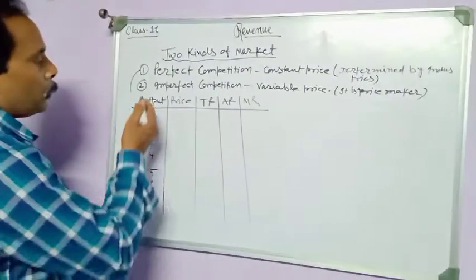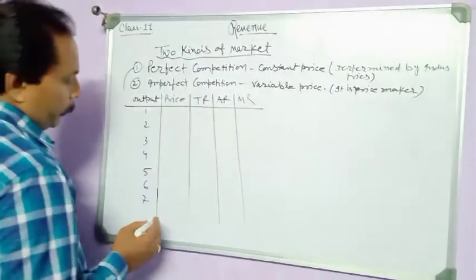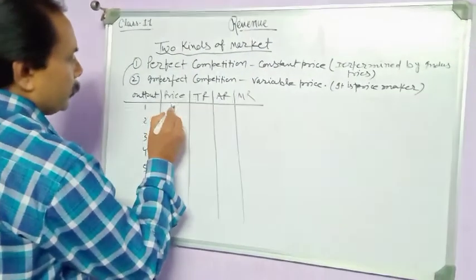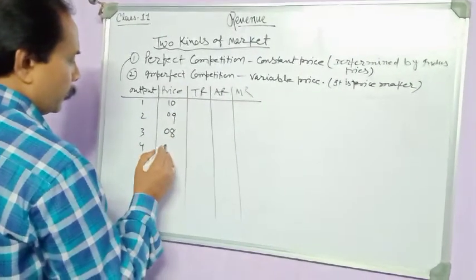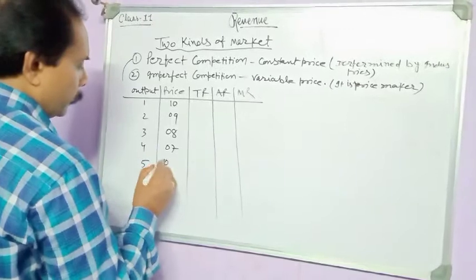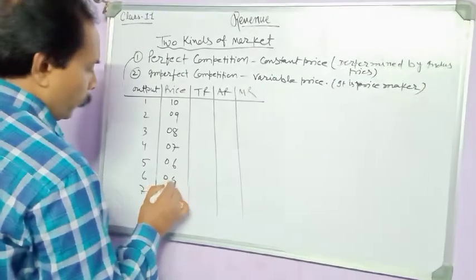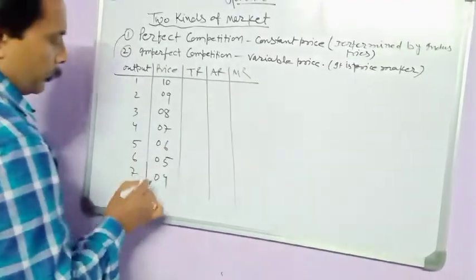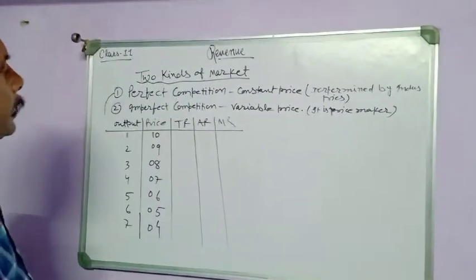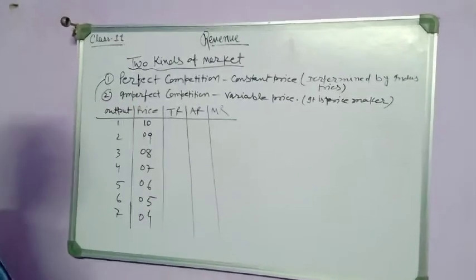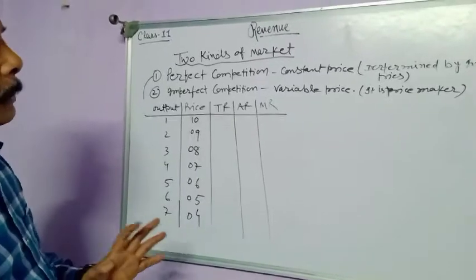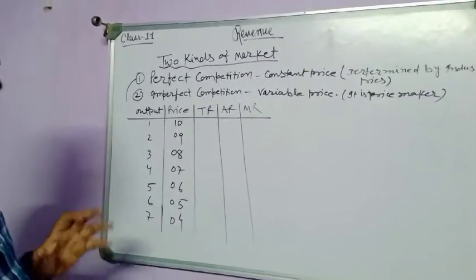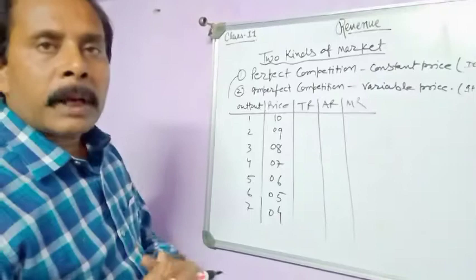Suppose output is 1, 2, 3, 4, 5, 6, 7, 8 and the price is 10, 9, 8, 7, 6, 5, 4. Clear? So why is the price declining here? The important thing is that in imperfect competition, there is vast competition among the firms, and every firm wants to capture the market.